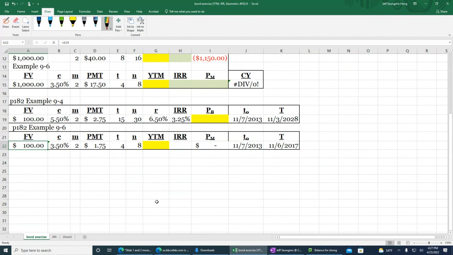Bond prices were quoted as a percentage of the face value. You forgot? Yeah, but that's why you've got to constantly study.